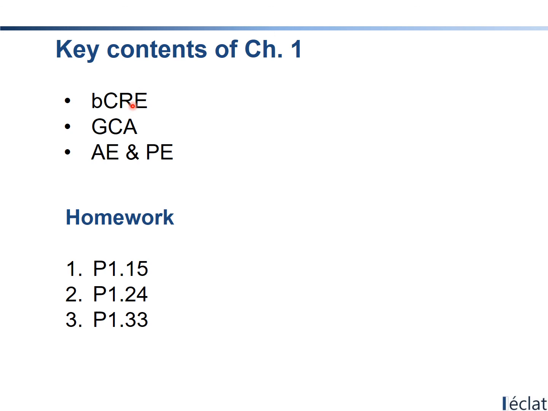And then the second one is the evaluation of the chemical processes by generation-consumption analysis, including RP ratio and BP molar ratio. Also, atom economy and process economy are measures of the chemical processes.